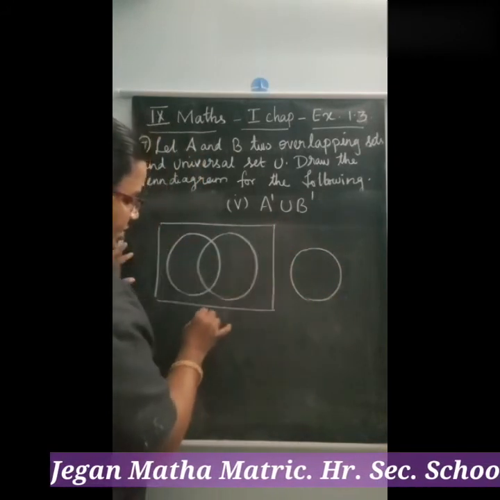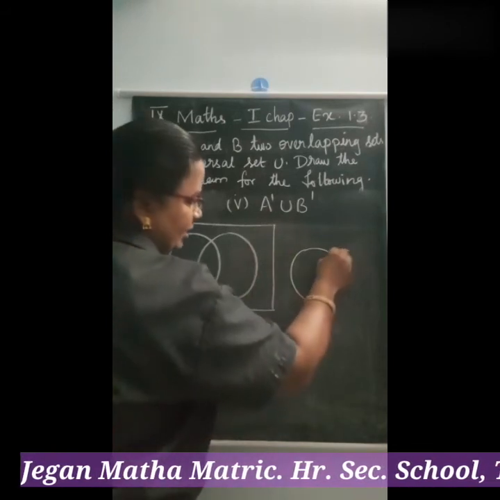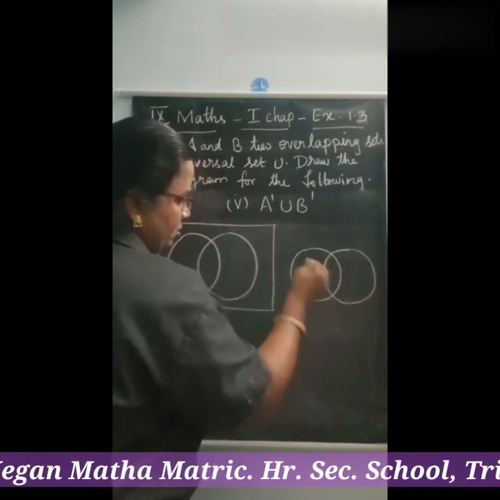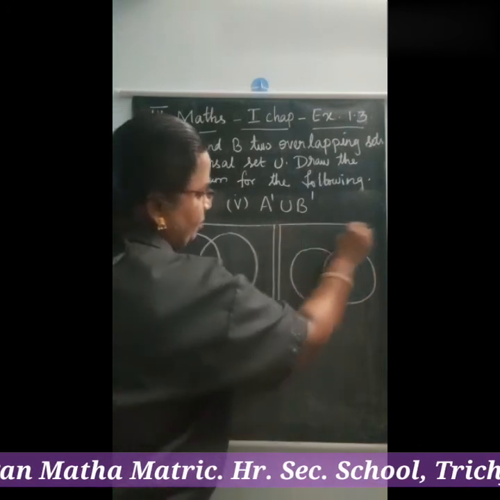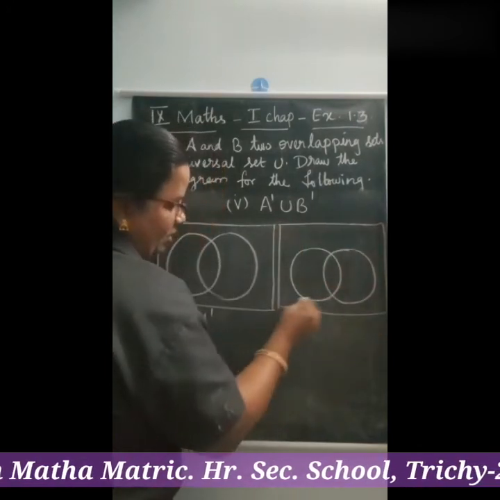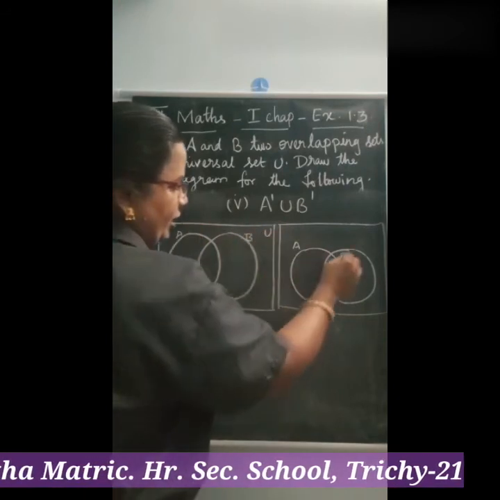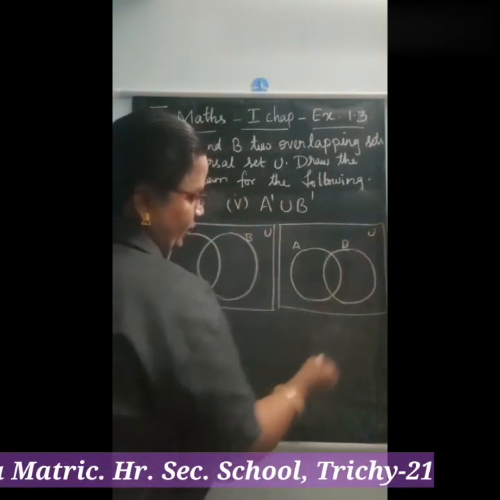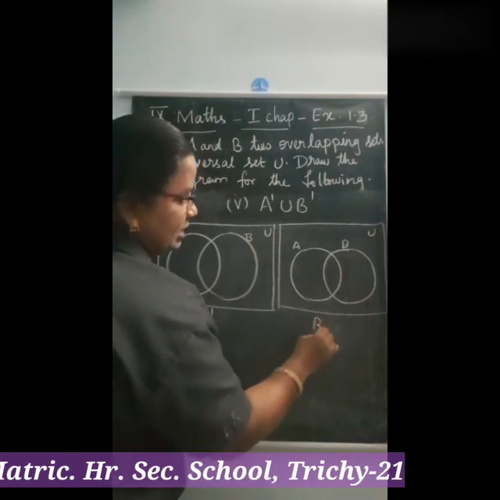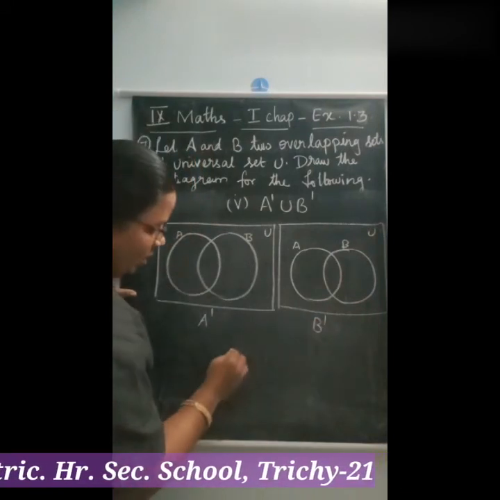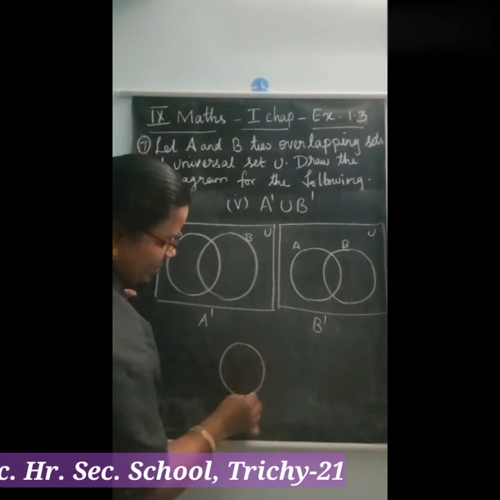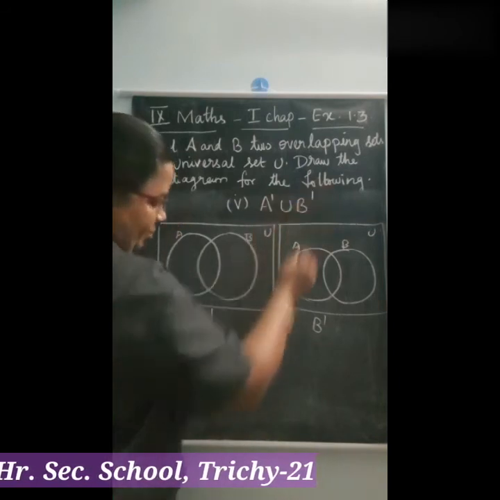First represent A dash, then another diagram for B dash. Then the final result, A dash union B dash.